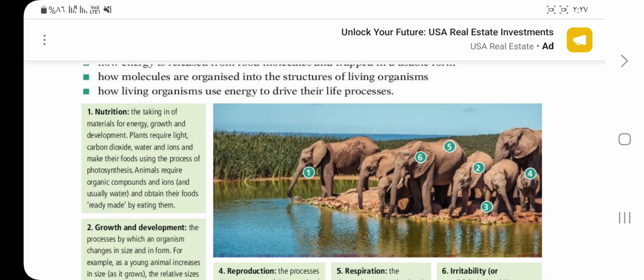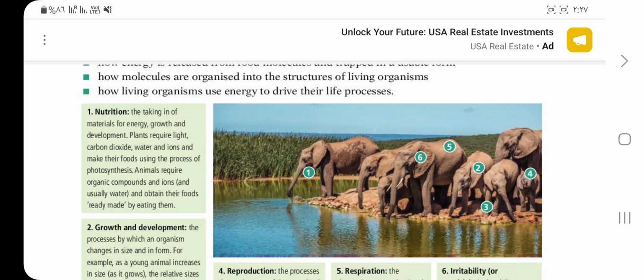Plants take materials for energy. Plants require light, carbon dioxide, water and ions to make their food using the process of photosynthesis.